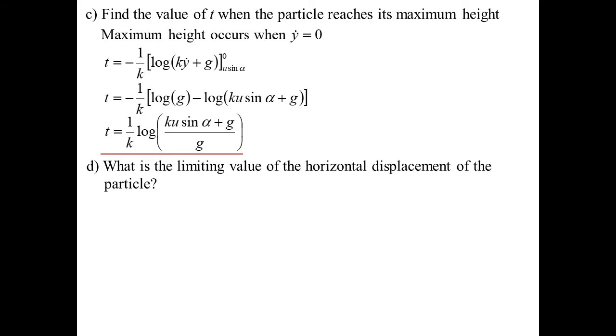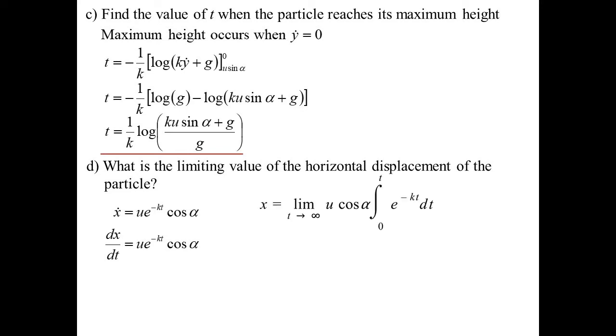What is the limiting value of the horizontal displacement of the particle? We've got an expression for the horizontal velocity. So let's rewrite that as dx on dt. Now, x will end up being the limit as t approaches infinity of u cos alpha, which is a constant, but I'm going to have to integrate the e to the minus kt.